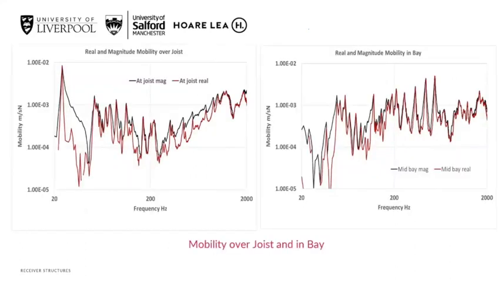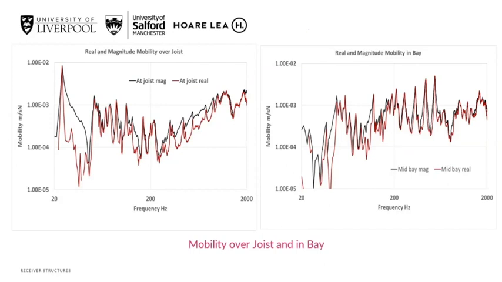Okay, so this is just one example now for a real timber joist floor that was recently measured. At initial glance, it does look a bit messy, and slightly variable.